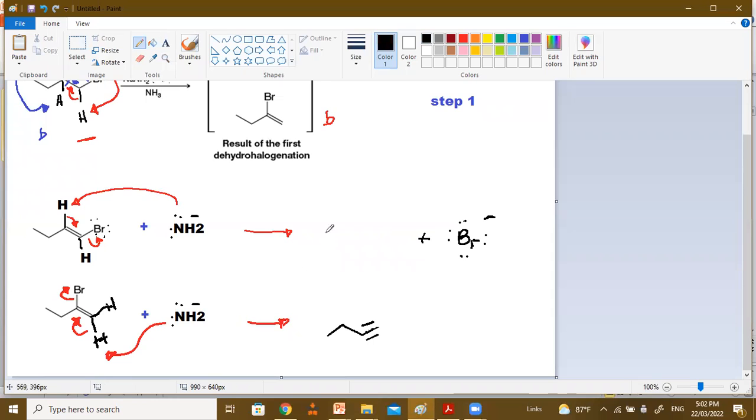Just to show the geometry, you have this carbon. So 1, 2, 3, 4.